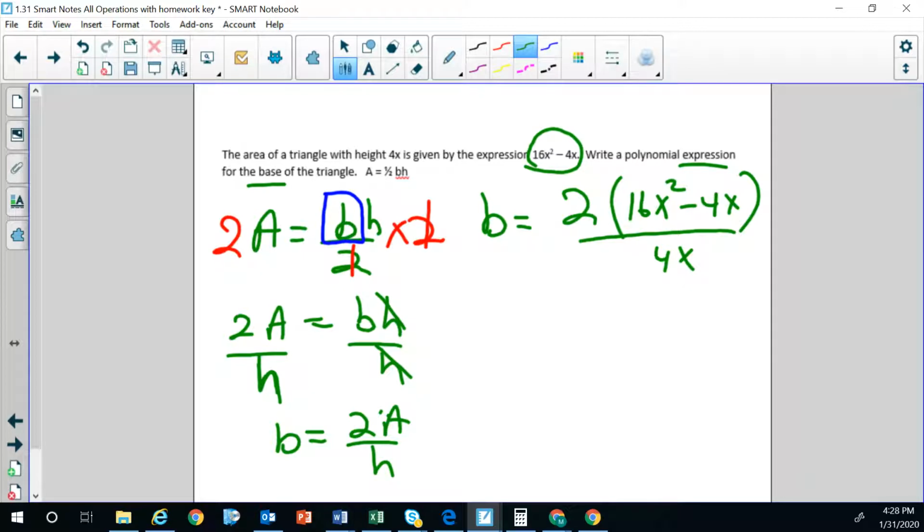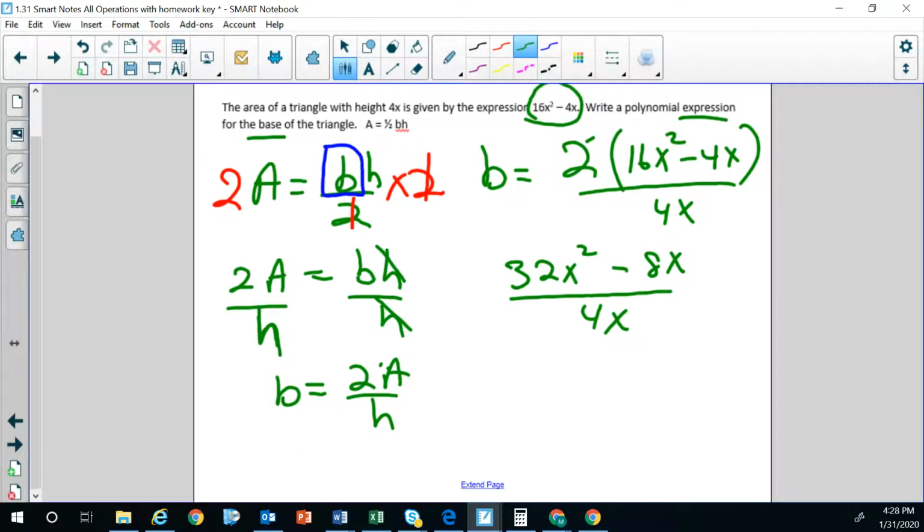Now I could simplify. I could do this a couple of ways, but I'm just going to distribute the 2 across the parentheses. So that's going to give me 2 times 16 is 32. That's 32x squared minus 8x, and that is divided by 4x. And what we have here is a division, which we've been doing for the last couple of days now.